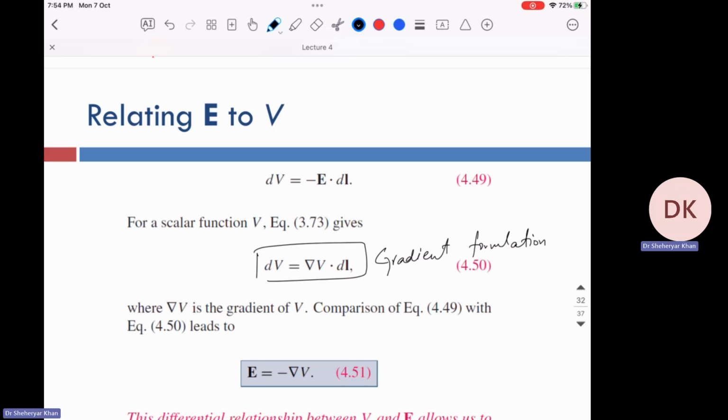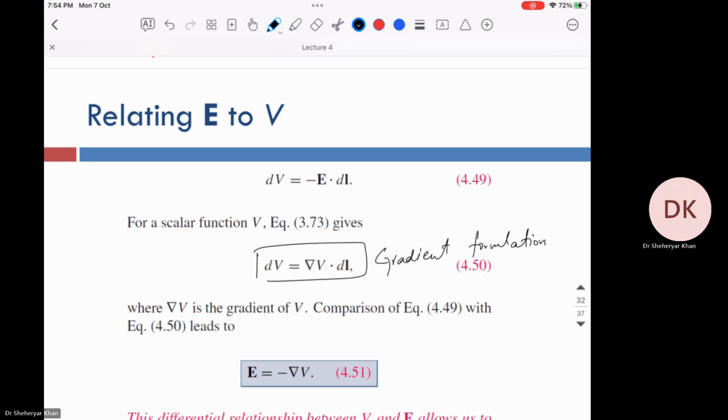Does anybody remember that formula? When we looked at scalar fields, we found out that dT is equal to del T dot dl. That's the gradient.